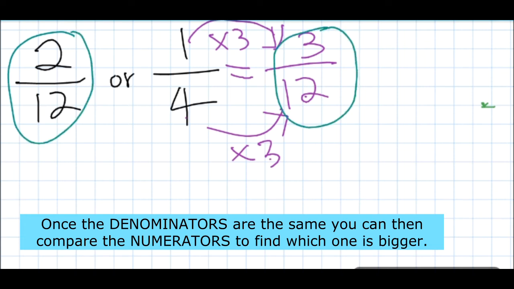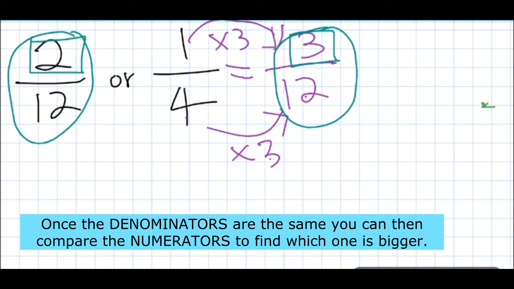And like I said before, once the denominator is the same, meaning 12 is now on both sides, you are then comparing the numerator, the number on the top. The number on the top is 2 in one case and 3 on the right.